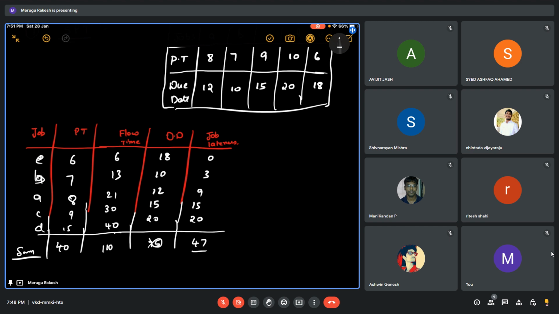So now, by all these values, that is flow time, job lateness and processing time, we'll have some parameters to measure. One is the average completion time, which can be asked easily.